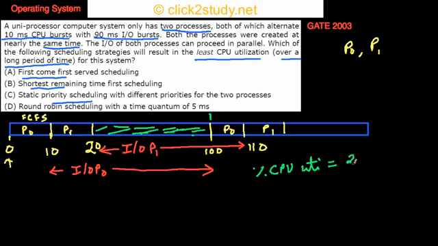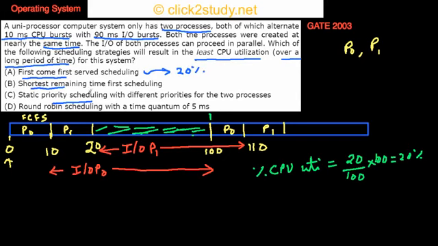So it's 20 by 100, into 100, which gives you 20%. So CPU utilization in this case is 20% for first come first serve. I'm going to write it out here, 20% utilization in first come first serve.